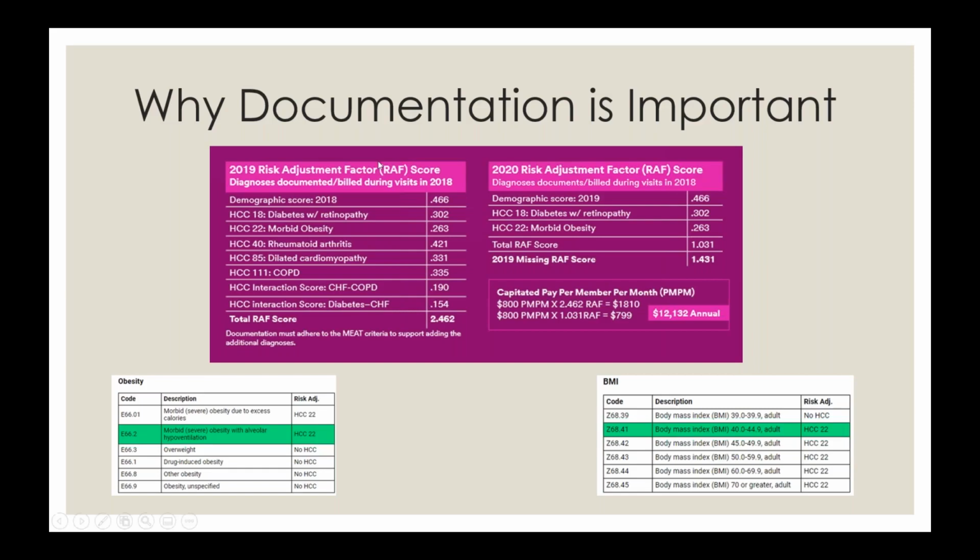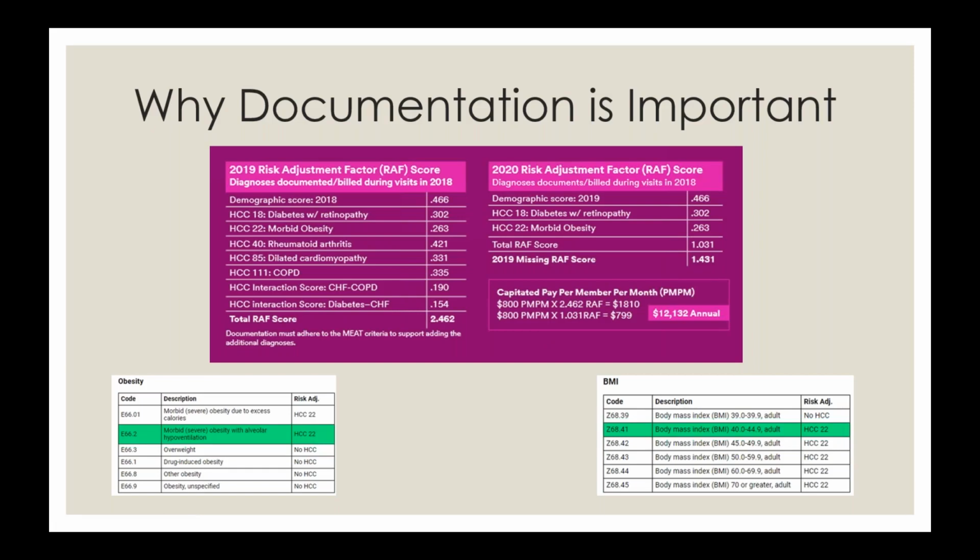risk score. And then this patient comes in for 2020, and for the risk scores here, they've only got the diabetes with retinopathy and the morbid obesity. They didn't capture the rheumatoid arthritis or the cardiomyopathy, the COPD, or any of those other things. And so then you get a RAF score of 1.43.